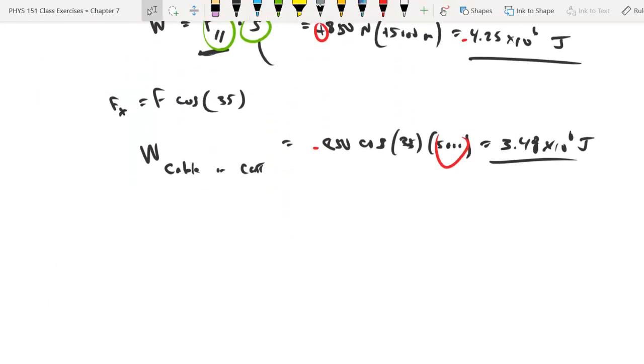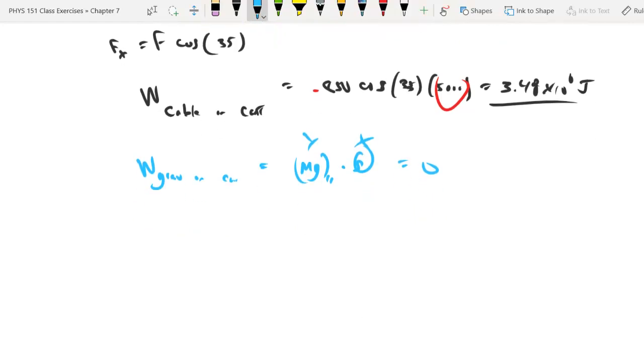If I say here, the work done by gravity on the car, well, this is going to be the component of the weight parallel to the displacement, right? But the displacement is just in the x direction, and the weight is just in the y direction, so this is 0, right? Either way you look at it. This comes back to, we always break everything into components first.